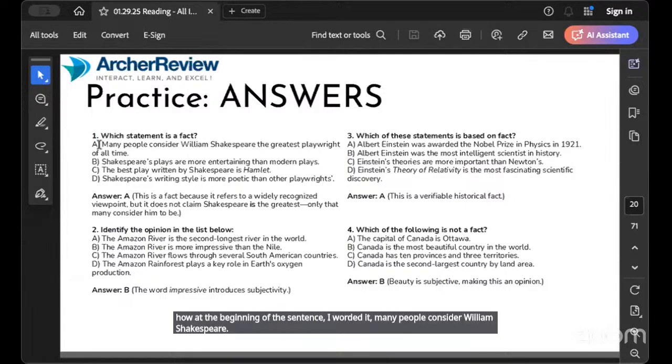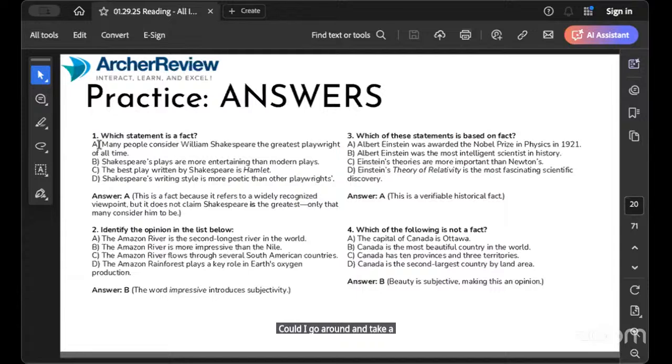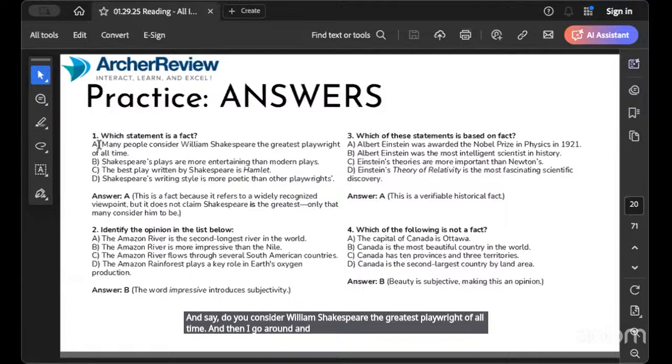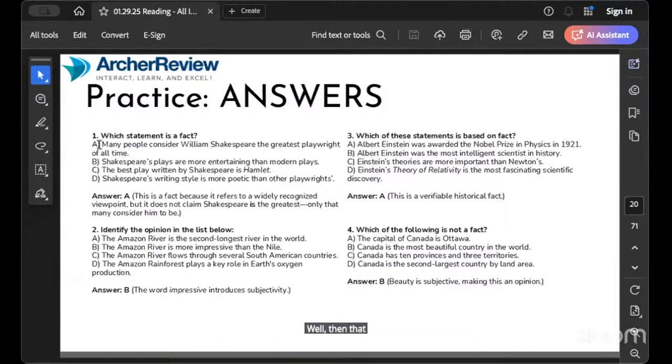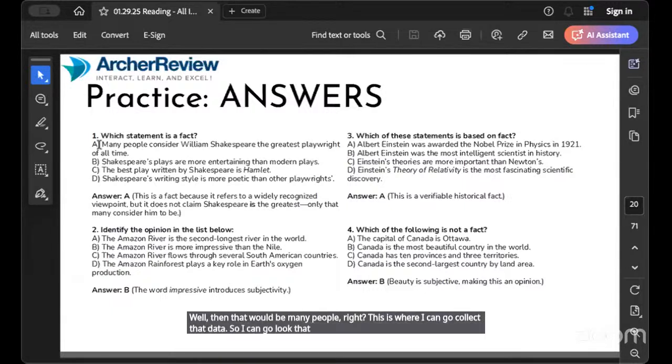Could I go around and take a poll and ask, do you consider William Shakespeare the greatest playwright of all time? And then I ask the next person and the next person. And then 10 out of 18 say that he's the greatest. Well, then that would be many people, right? This is where I can go collect that data. So I can go look that up to see if that's a common, widely recognized viewpoint. So while part of it looks like an opinion, that beginning phrasing is what shifts it and makes it a fact.